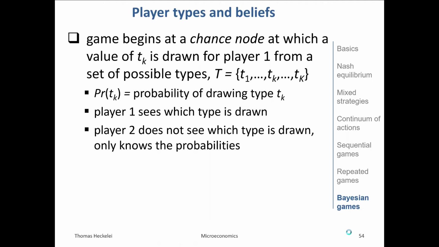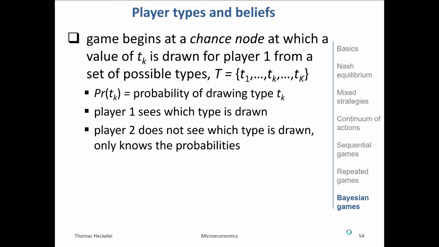Because it's determined in the very beginning, before player one moves, he sees which type he is, presumably. However, player two does not know this.